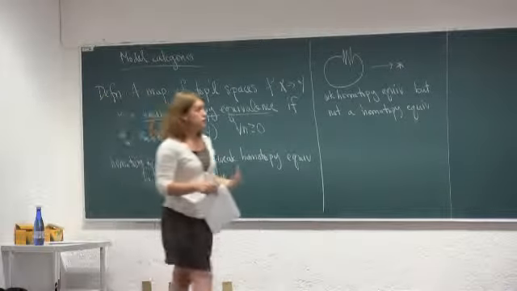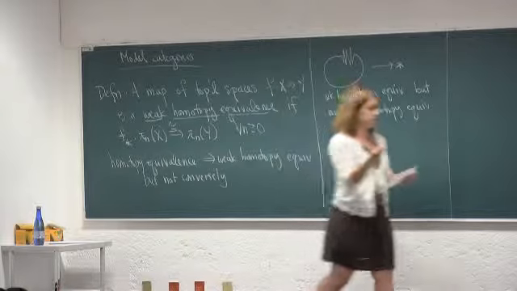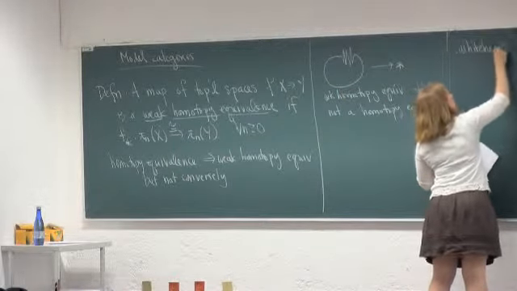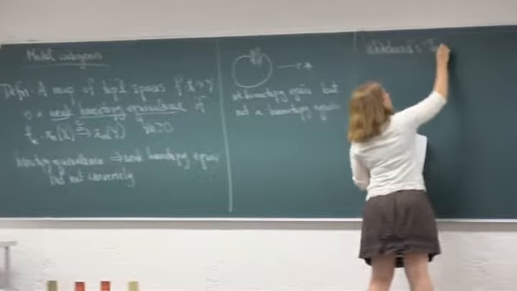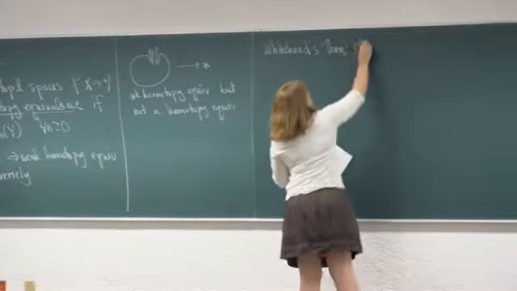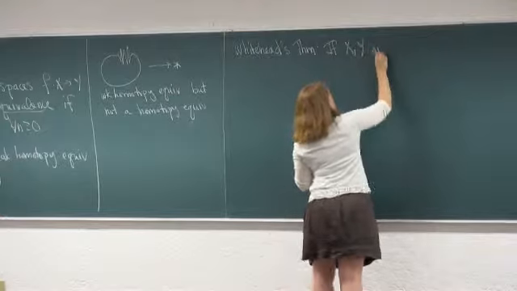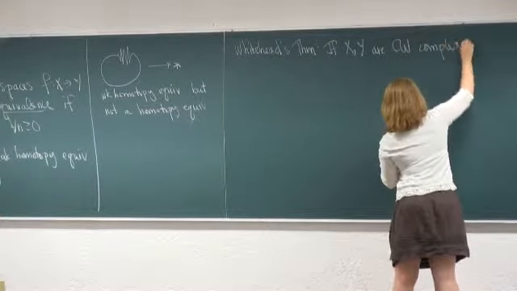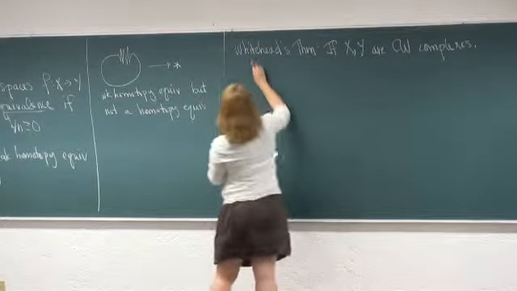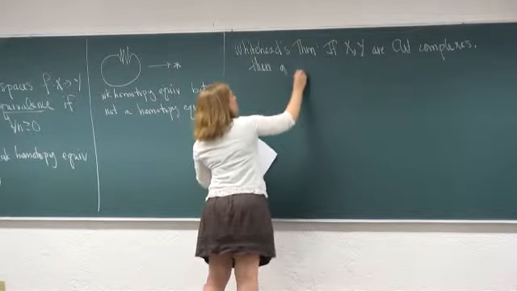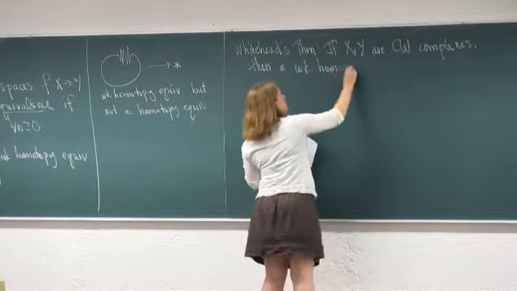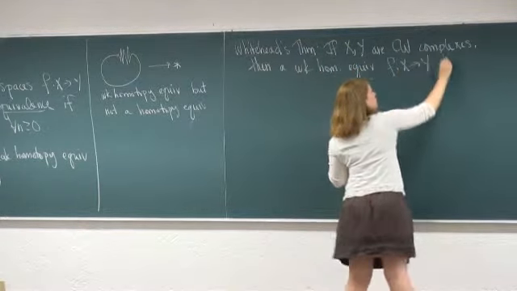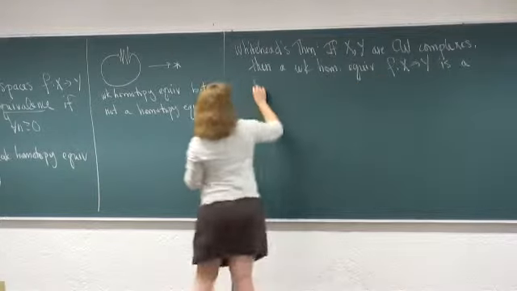It turns out that's true for CW complexes, and this is Whitehead's theorem. It says that if X and Y are CW complexes, then a weak homotopy equivalence between X and Y is actually a homotopy equivalence.